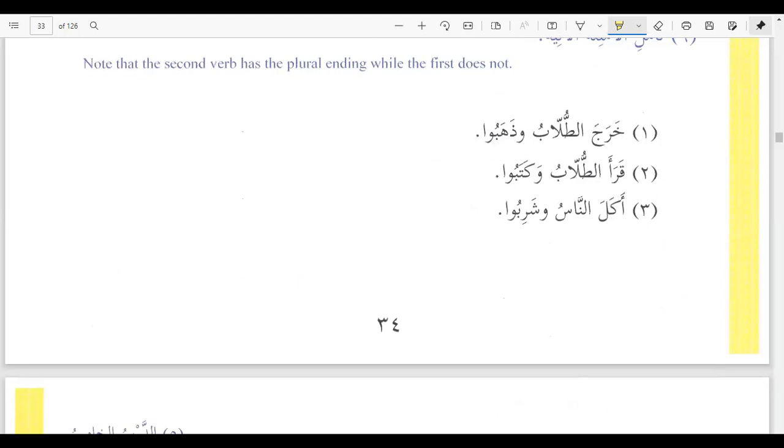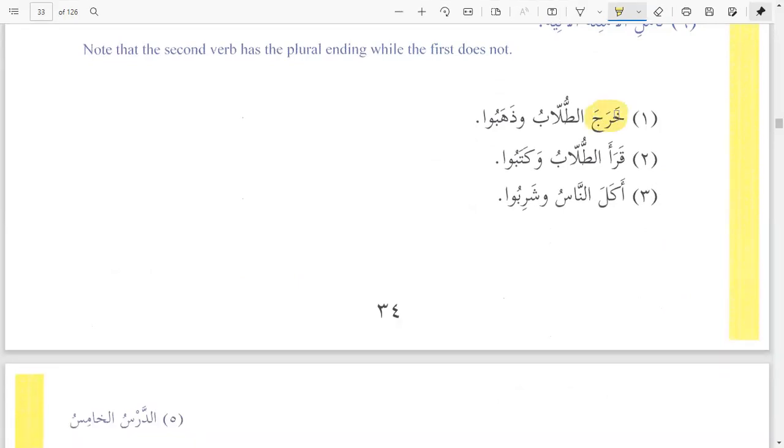This is another form. In verbal sentences, we learn that it starts from the first form of the verb. Kharajat tulabu wa zahabu. The students left and they went. So what we have to note here: the second verb has the plural ending.